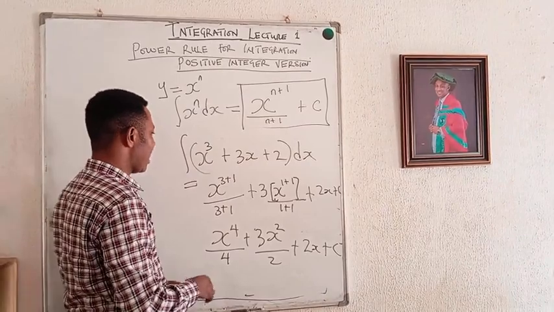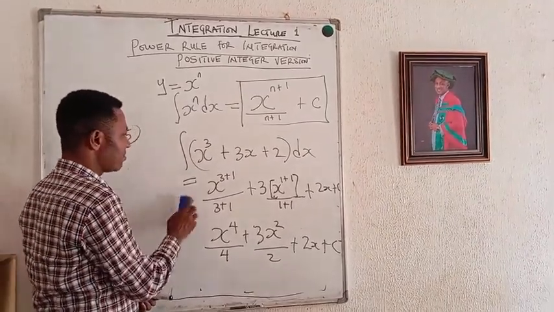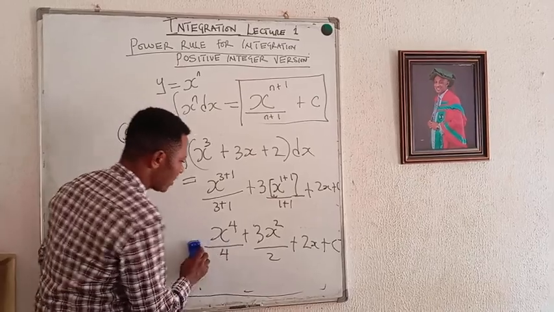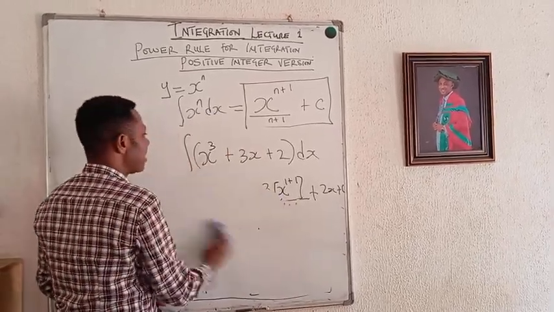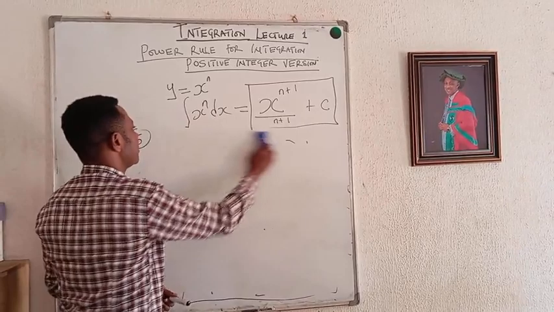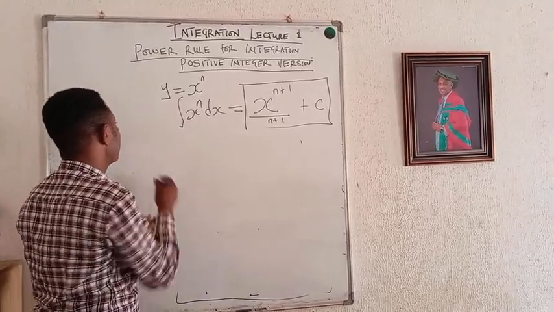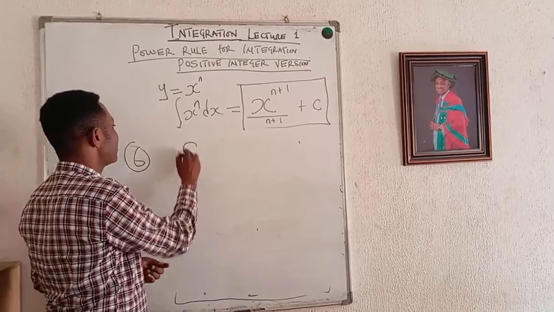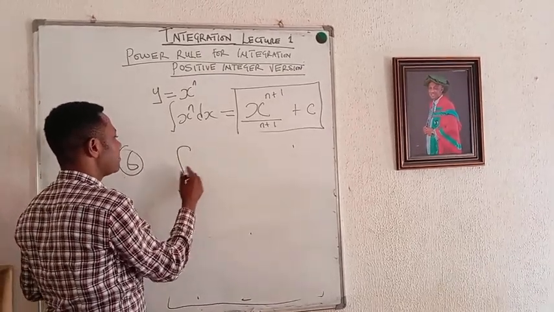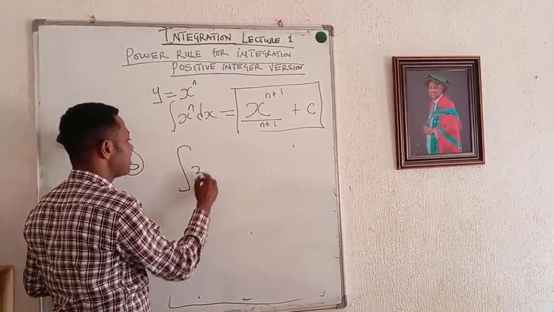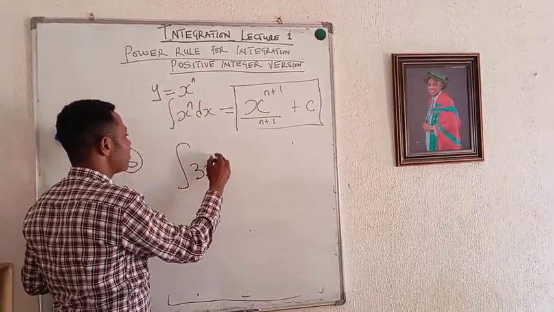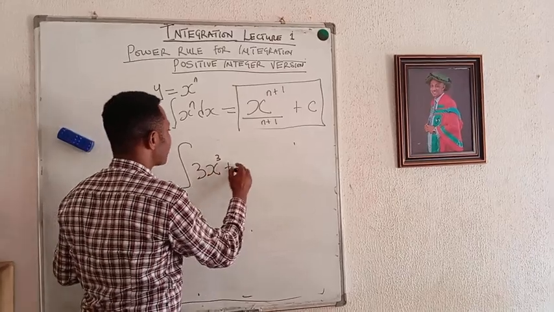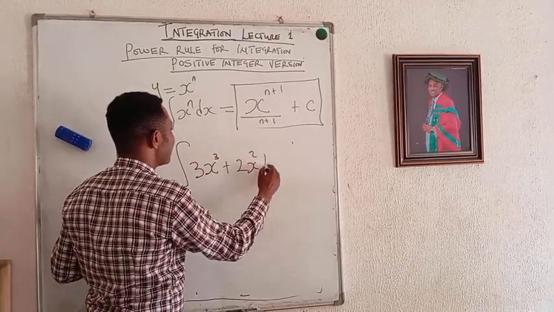All right. Now let's consider this final example before we close for the day. Now look at this simple one again. Example 6: integrate 3x power 3 plus 2x squared, dx.